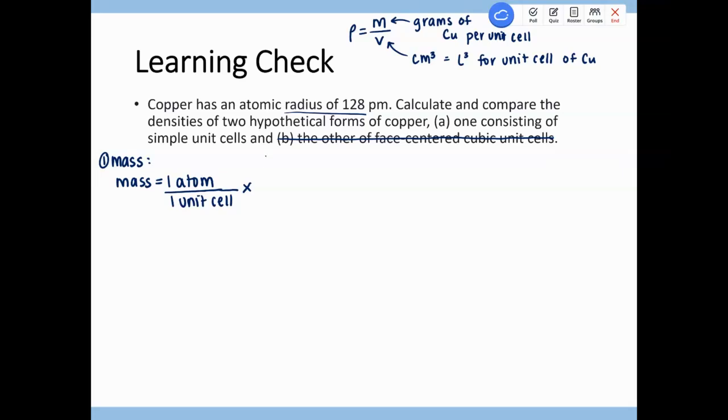All right, 1 atom per unit cell. Then in 1 mole, we have 6.022 times 10 to the 23rd atoms. And then for 1 mole of copper, if you look at the periodic table, its molar mass is 63.546 grams.